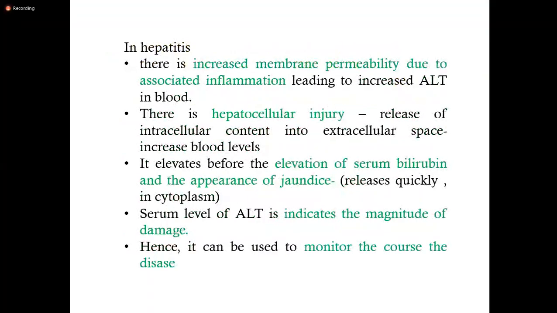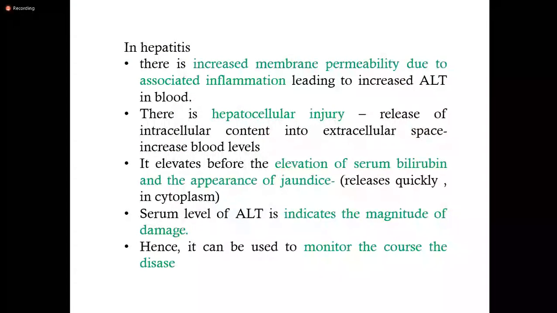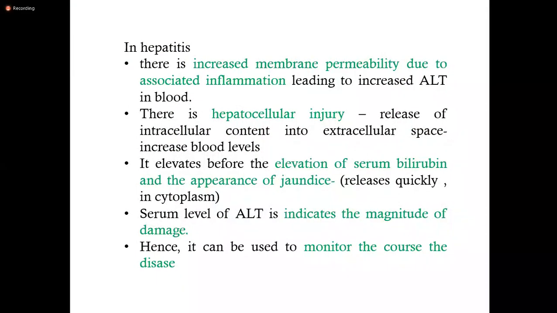So in hepatitis, what happens? First you tell something very general about ALT, and then come back to the specific scenario. In this patient who has hepatitis, there is increased cell membrane permeability due to inflammation, which increases leakage of ALT from the cells into blood.